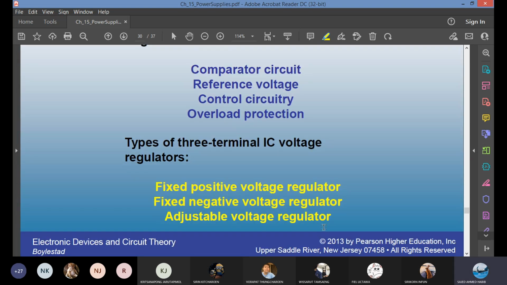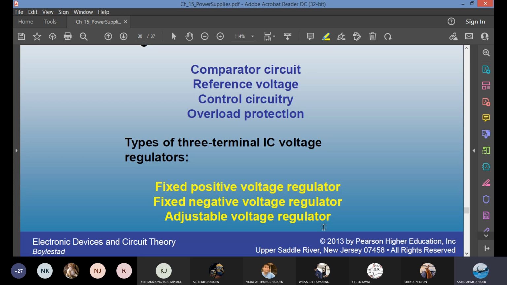So there are 3 types of 3-terminal IC voltage regulator. You can provide a fixed positive voltage value, which means if you buy a model that gives you plus 5 volt, it will give you plus 5 volt. You can get 12 volt, 10 volt, 20 volt, whatever you want to choose.